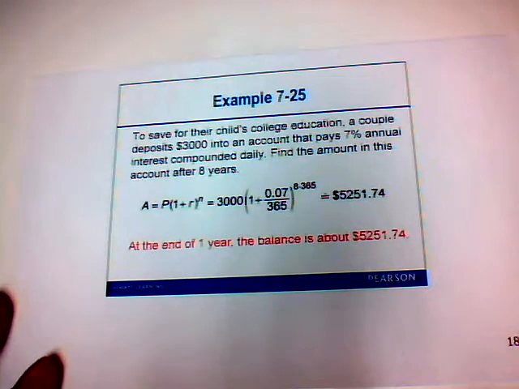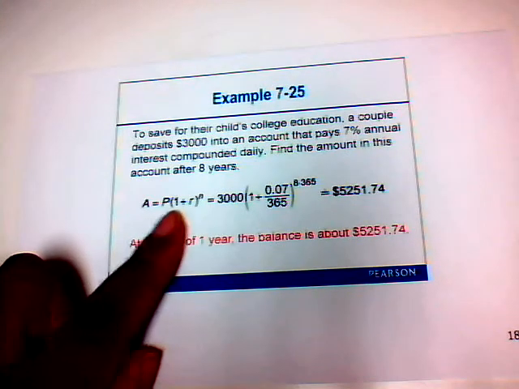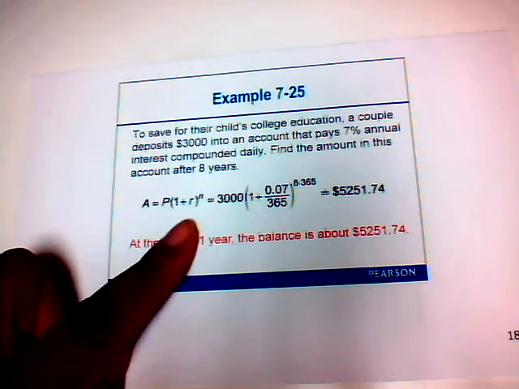And to save for their child's college education, a couple deposits $3,000 into an account that pays 7% annual interest compounded daily. Find the amount in this account after 8 years. Okay, so in this case here, we use our compound interest formula here.